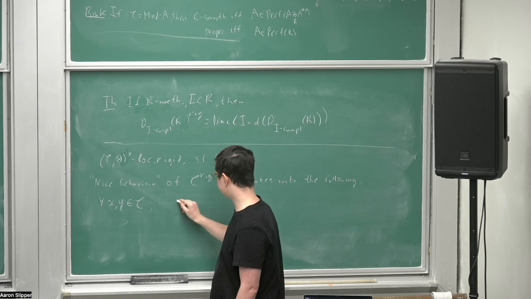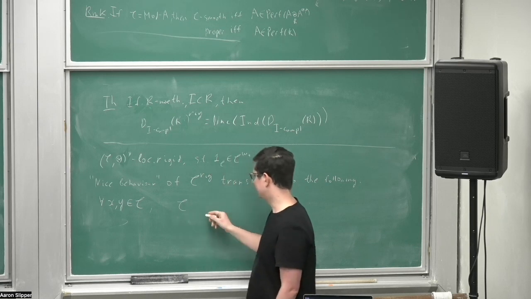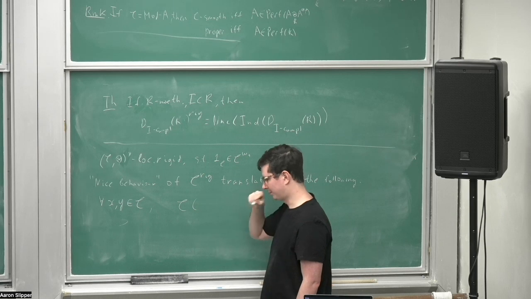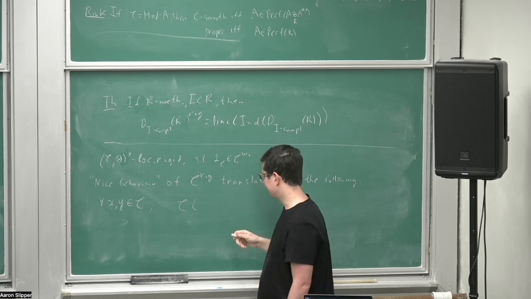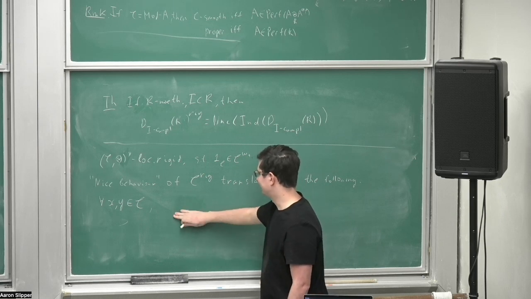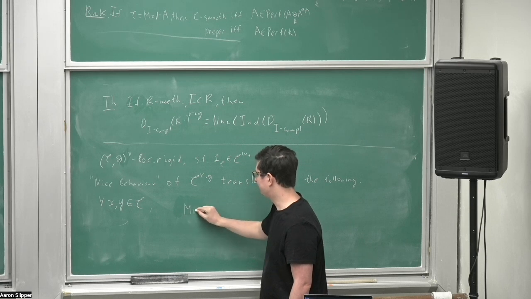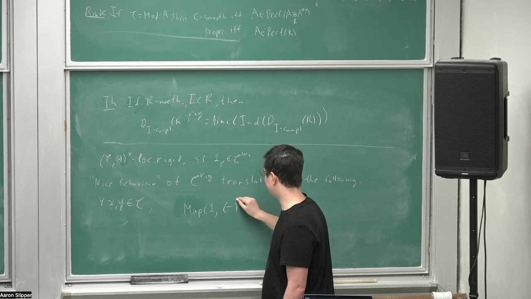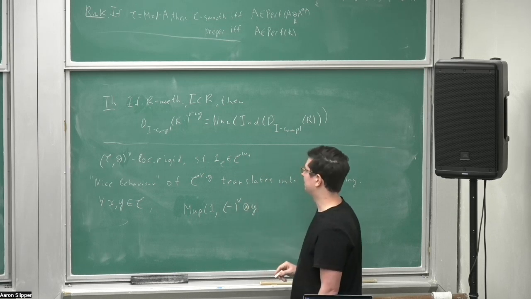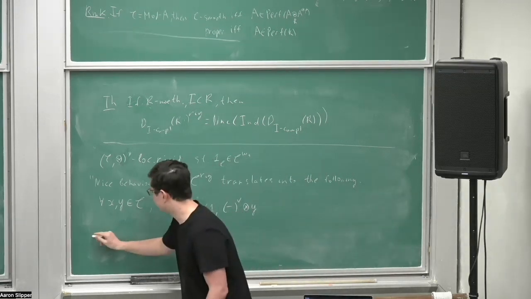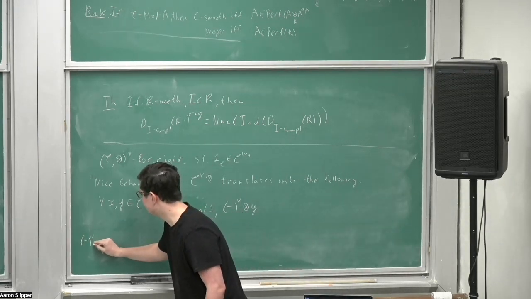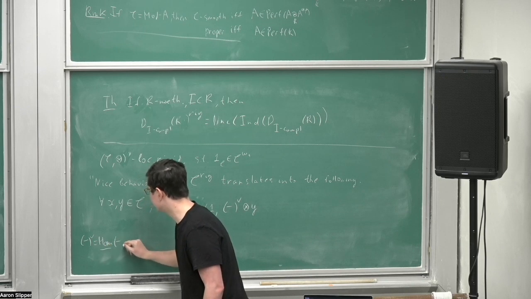Consider maps from the unit to something dual tensor Y, where dual means internal hom to the unit, so it's also called pre-dual.